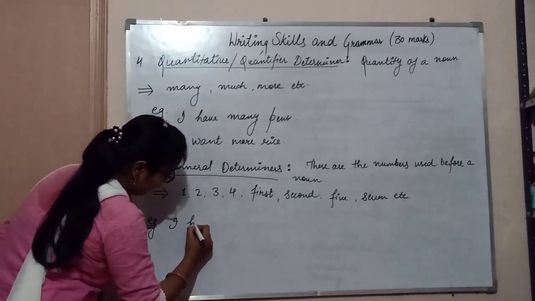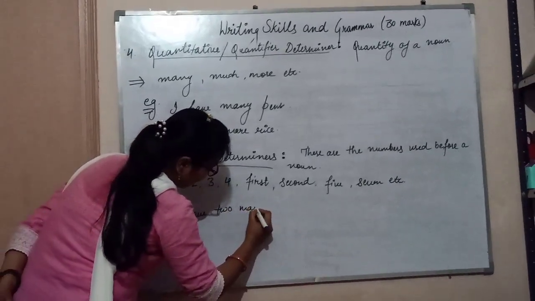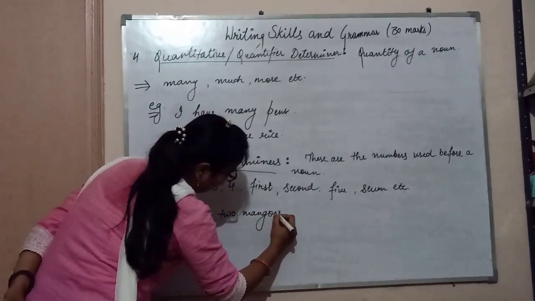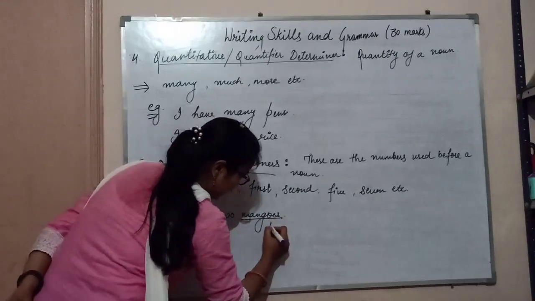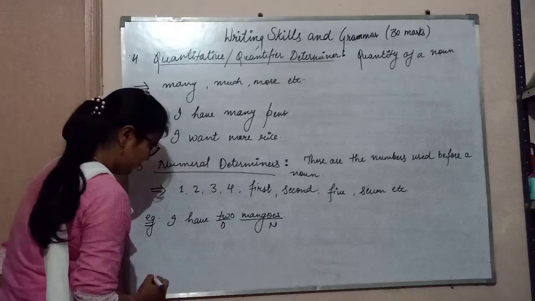So for example, I have 2 mangoes. Mangoes here are nouns and 2 here is a determiner.